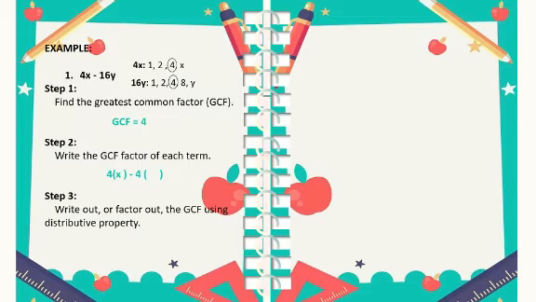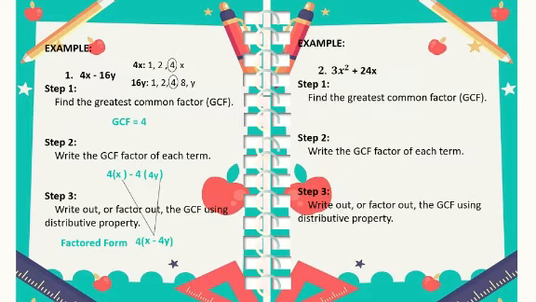So 4 times x is equal to 4x. Then copy the sign. Next, 16y divided by 4, we have 4y. This is the factored form. Inside the parentheses, we combine the terms and keep the sign, so we have x minus 4y. Then the GCF, 4 times the quantity x minus 4y, is the answer for 4x minus 16y.